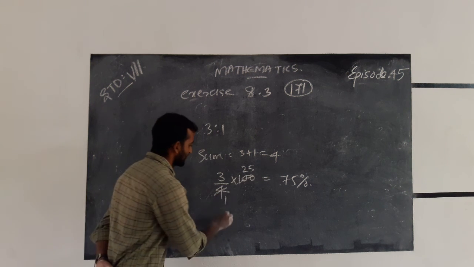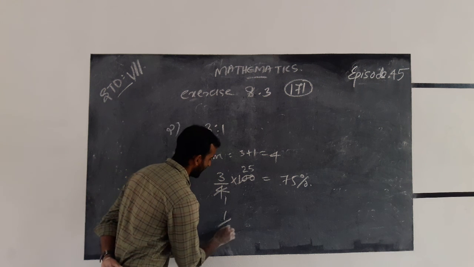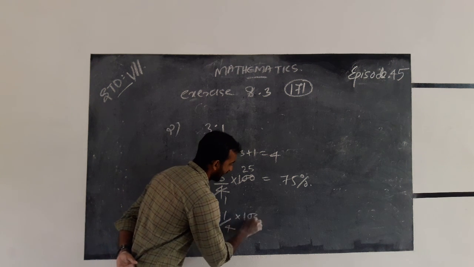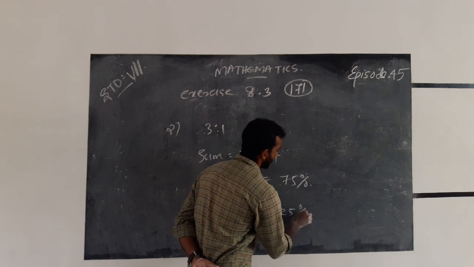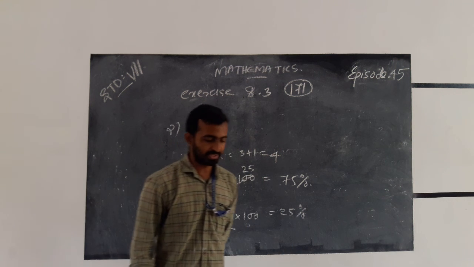And the second part of the ratio is 1 by 4 into 100, that is 25 percentage.